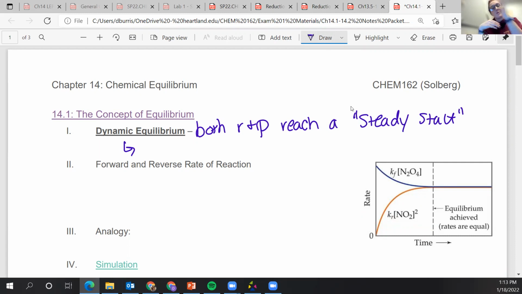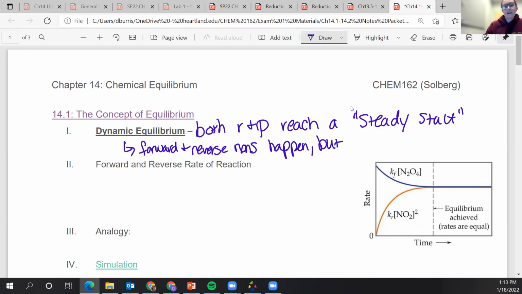So you're still having forward reactions, you're still having reverse reactions. It's just that they've steadied out and now the concentrations have stopped changing. So forward and reverse reactions happen, but concentrations are constant. Okay, that's when you know you've reached equilibrium.